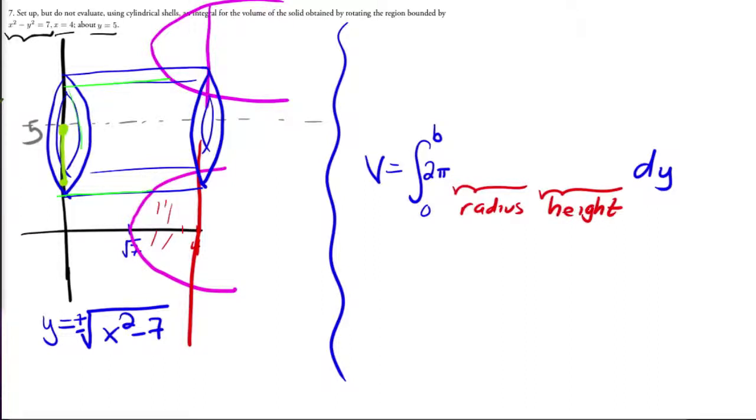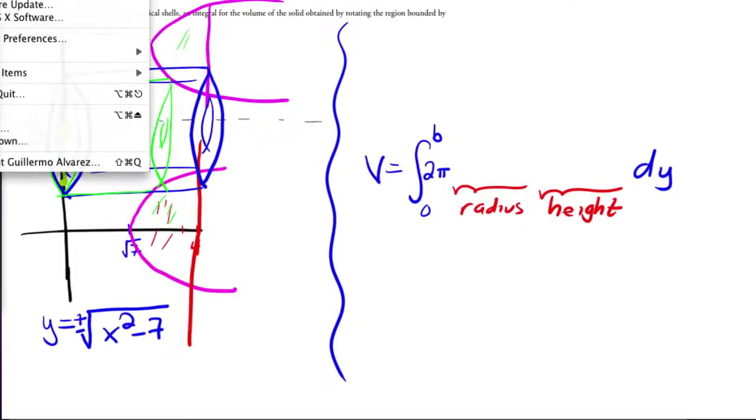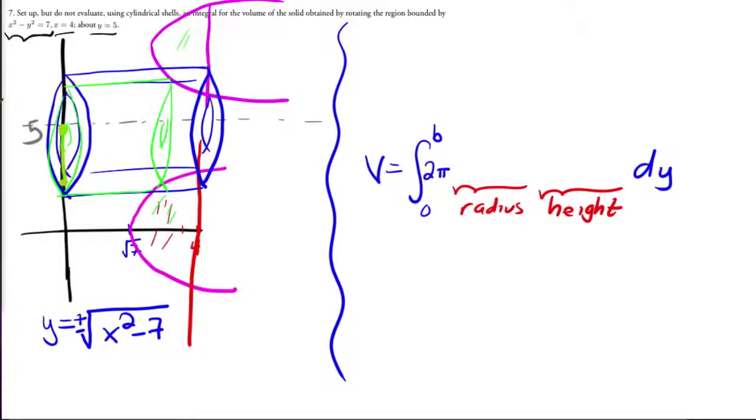See right here, you've got another shell. So to get the volume of the region enclosed, you're going to have to subtract the outside minus the inside. Okay, so let's work on the outside one first.